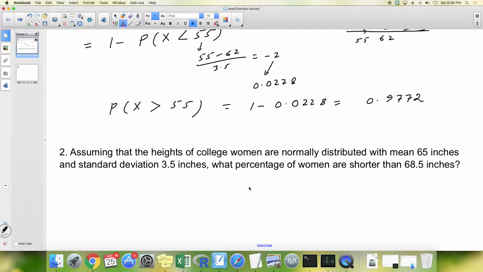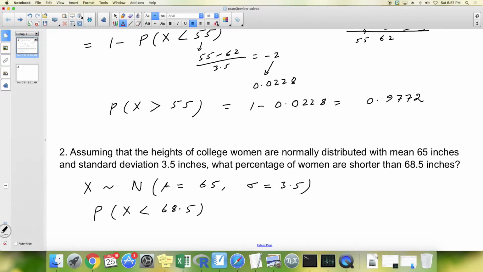Okay, so here X follows normal with mean mu equals 65 and standard deviation sigma equals 3.5. We want probability X less than 68.5.